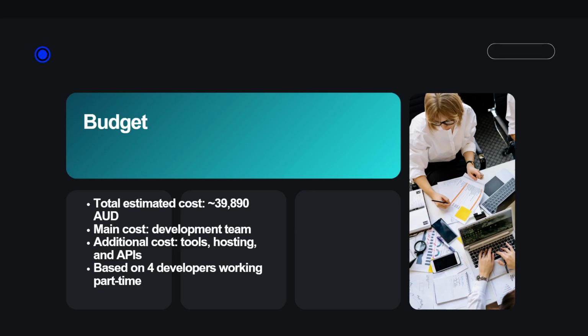And they work part time. The time schedule is very detailed in the assessment. It's not on the slide.